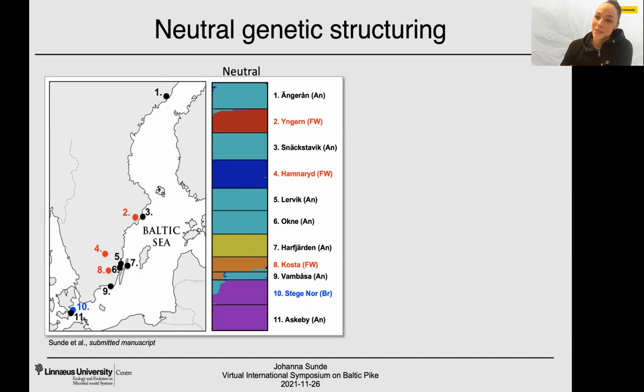If we start to look at the neutral genetic variation, this is the newest and most high resolution neutral genetic structuring of Baltic Sea pike. These populations are now ordered in latitudinal order, and there are some patterns that I would like to highlight.